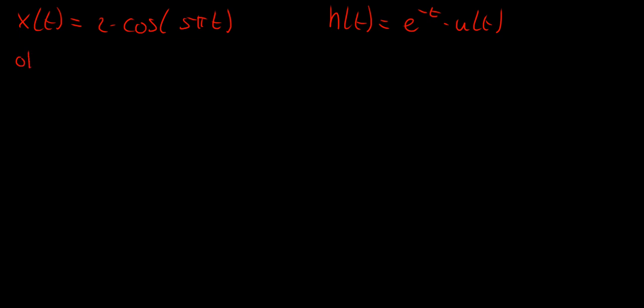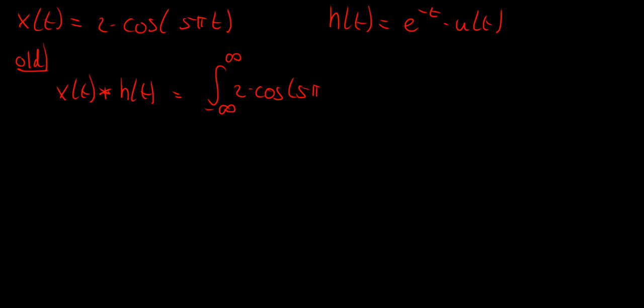So let's do it the old way, just convolution, the boring old convolution. x of t convolved with h of t is equal to the integral from minus infinity to infinity of 2 times the cosine of 5 pi s multiplied with e to the power of minus (t minus s) multiplied with u of t minus s, ds.